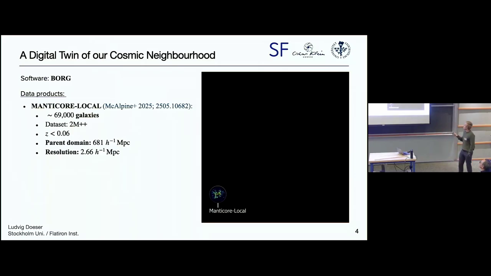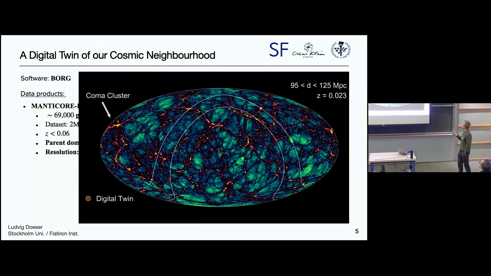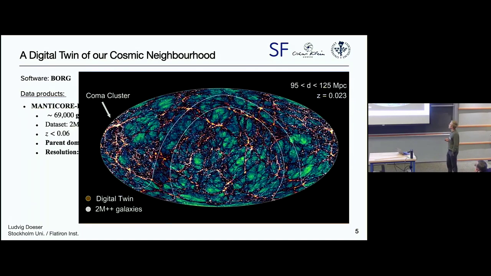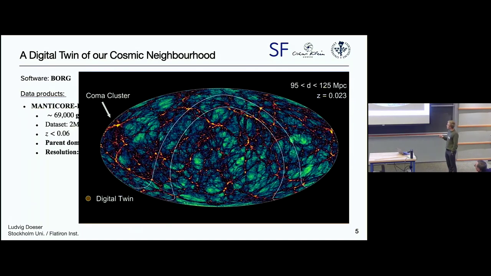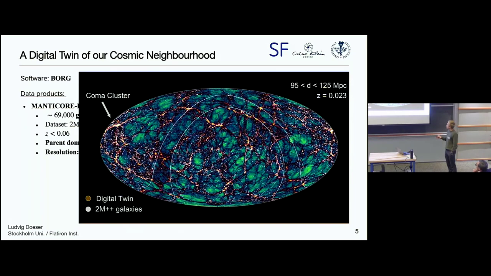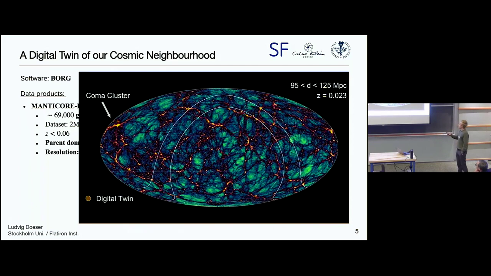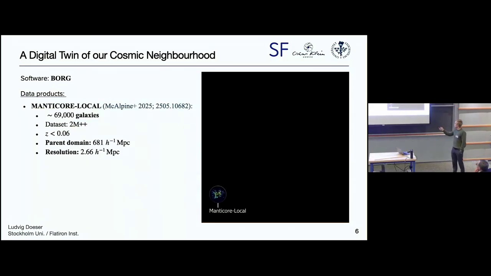Just to show you how this looks like, I have a slice here of this field where you in the background see the dark matter density field that has been inferred and now overlaid by the galaxies that are the real data. So let me just briefly show this one again. You see that they match very nicely. And even in this region where we don't have data, we get a large-scale structure that is consistent with lambda CDM.